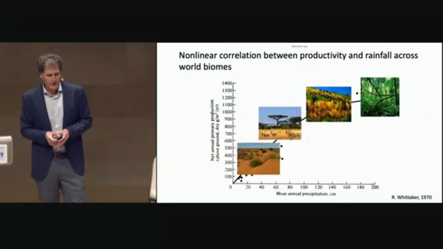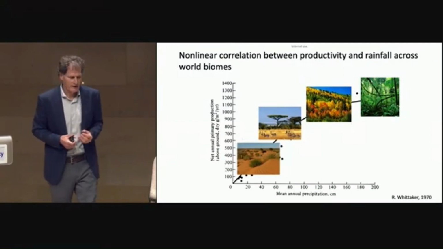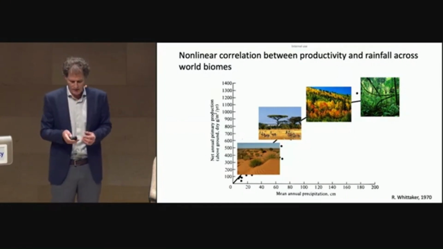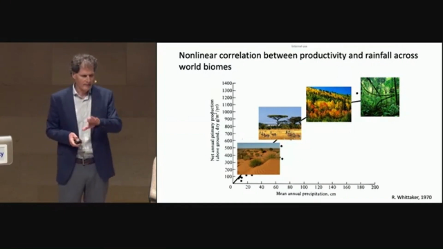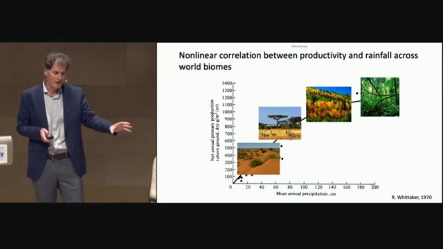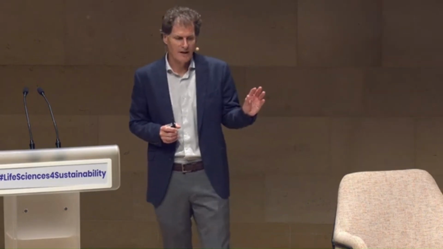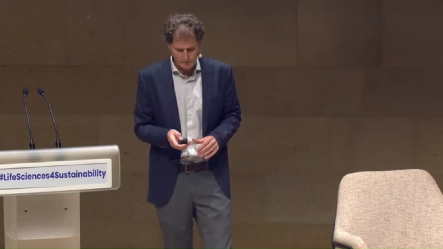What you might expect is that in tropical rainforests, where water is abundant, the water use efficiency of those plants is quite low, and then plants get more and more efficient at using water the drier the environment gets, down to the most arid there in the left-hand corner. We've been able to develop theory and show empirically that there is a pretty solid relationship between this G1 parameter and rainfall.